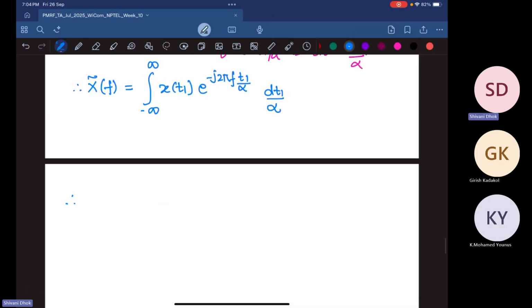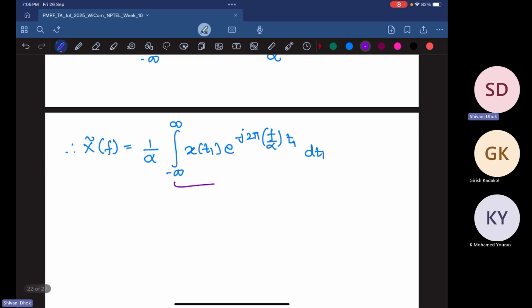I can rearrange this as X tilde of f equal to 1 over alpha times the integral from minus infinity to infinity of x of t1 times e power minus j 2 pi, and I'll write f t1 by alpha as f by alpha into t1, into dt1.